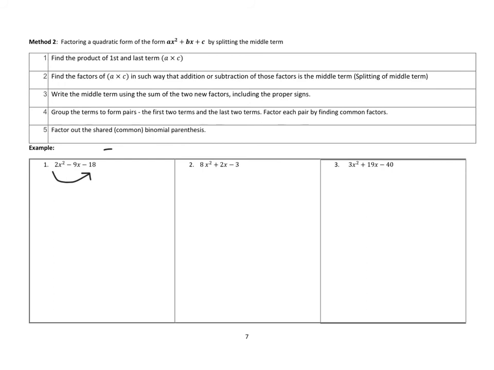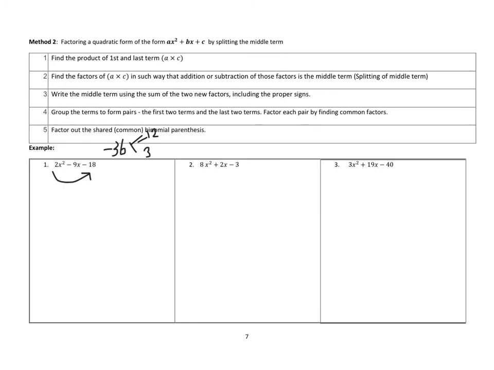When I multiply them, I should get negative 18, and when I add them, I should get negative, sorry, I made a mistake here. So this is minus 36. So what two numbers can I multiply to get negative 36? When I add them, I get negative 9. And I'm thinking about 12 and 3, because that's 36. And 12 has to be negative.